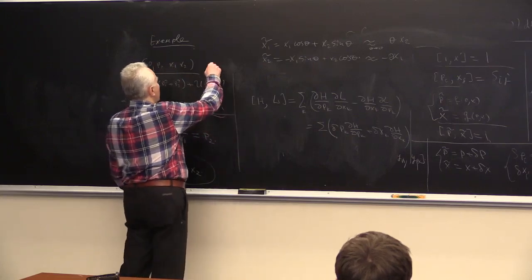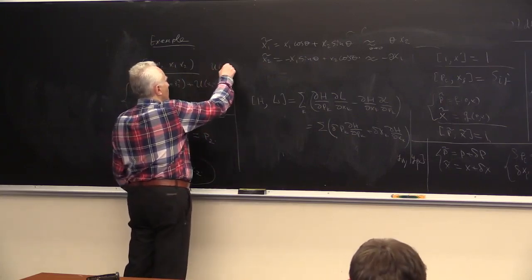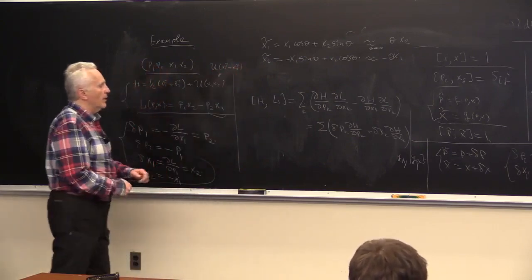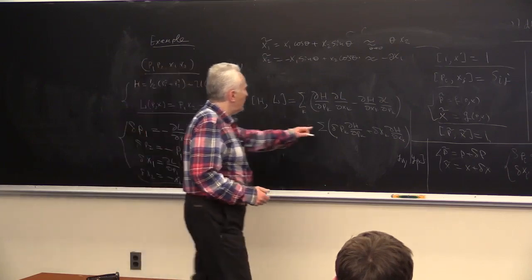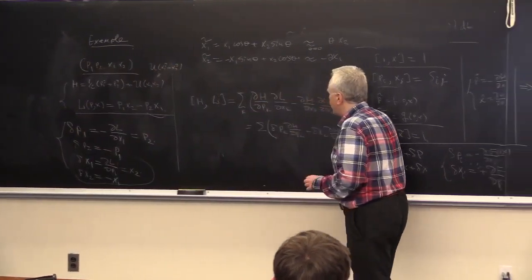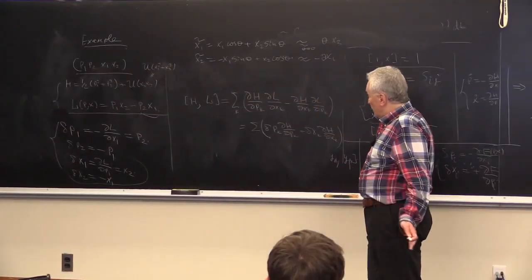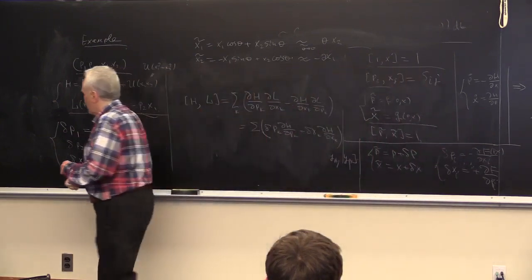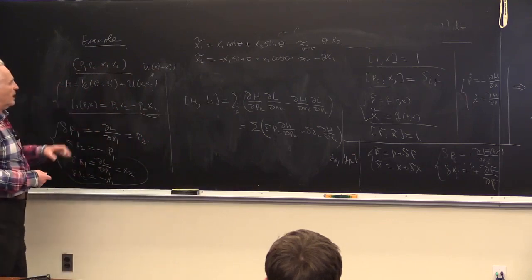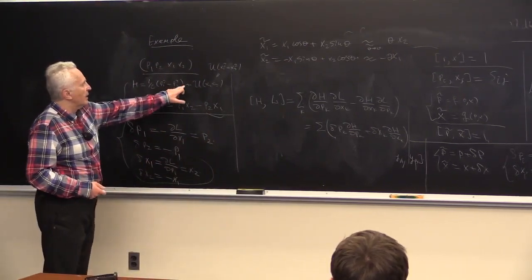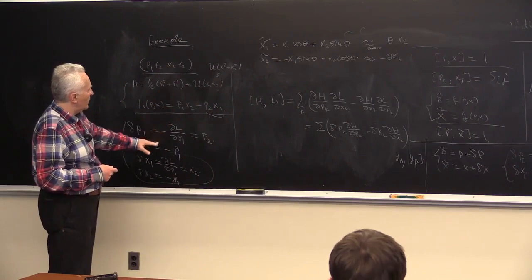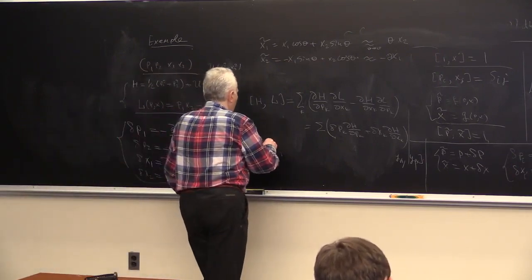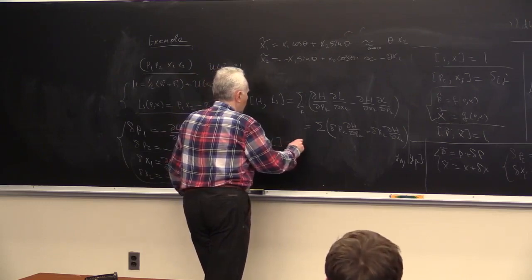Actually, if H depends on x1 square plus x2 square, then the result should be 0, because it is just a rotation, and it's obvious that it is rotationally invariant, so this transformation will give 0. As a result, we have HL equal to 0.